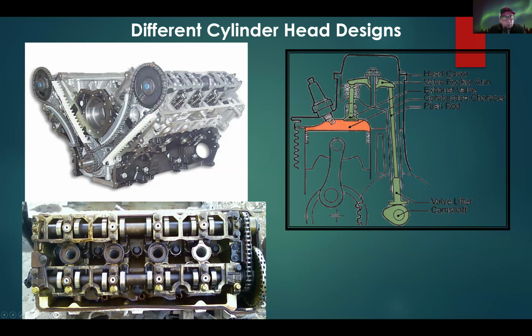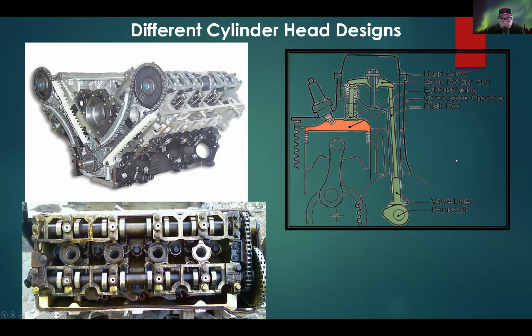Even though there are two camshafts total within the engine, there's only one per cylinder head. That one camshaft will open both the intake and the exhaust valves. What closes all the valves are the springs. They're real small, but you might be able to see them in this picture in the upper left.